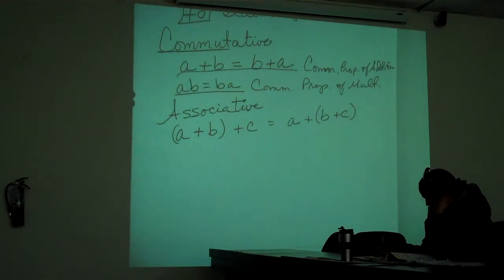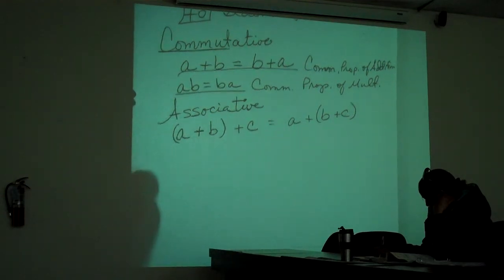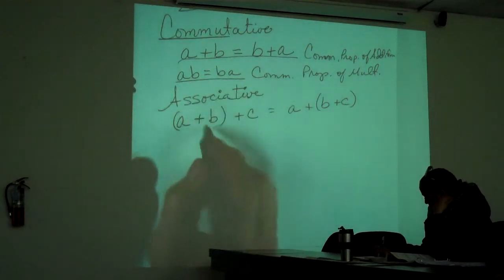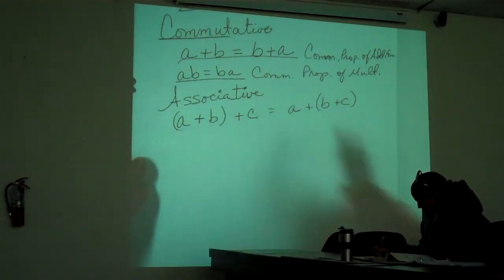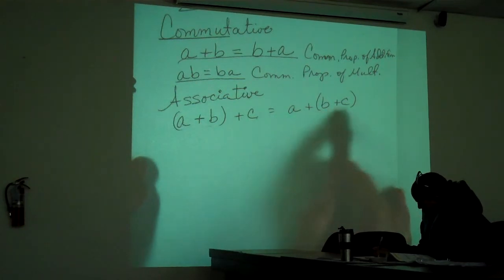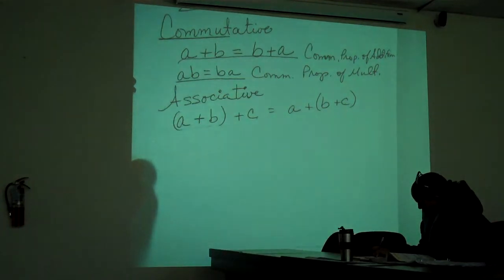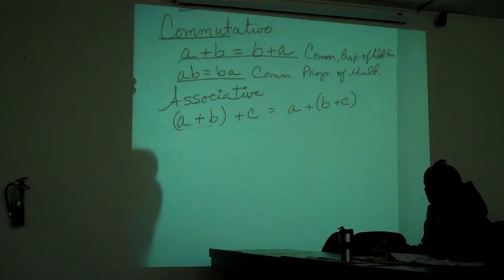So this is the associative property of addition, right? See, it's all addition. You can do the same thing with multiplication, which means that you can add these first and then add that. And you'll get the same answer as if you add the B and C and then you add A. That's what the associative is telling you. You can add them in any order. If it's all addition, add it in any order.